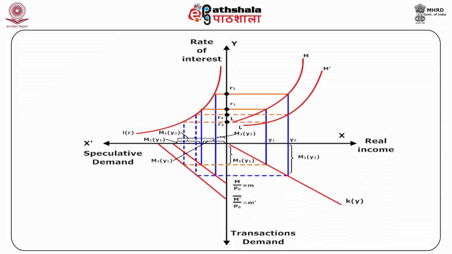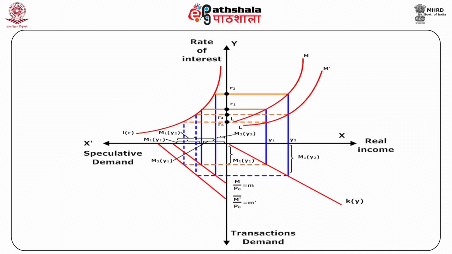So, this is M2 Y1, and the total money demand, which is M1 plus M2, has to be equal to the total money supply. Now, look at the negative y-axis. On the negative y-axis, we have a given level of nominal money supply divided by the price level P0, and this is the real money supply or supply of real cash balances.